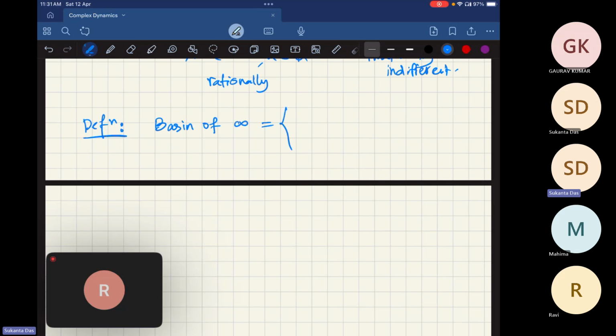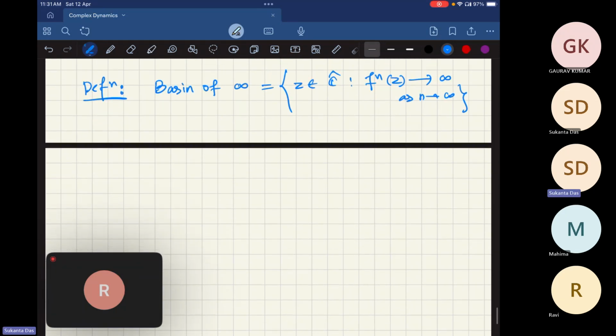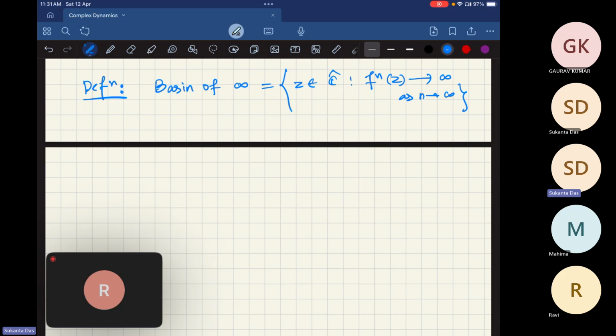This is basically the set of points in C hat for which the points are going to infinity as n goes to infinity. This set is also important to know, like what are the points which are going to infinity under the iteration of the function. In particular, it becomes very effective when we are trying to find the dynamics of a polynomial.